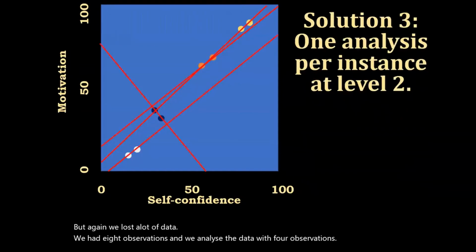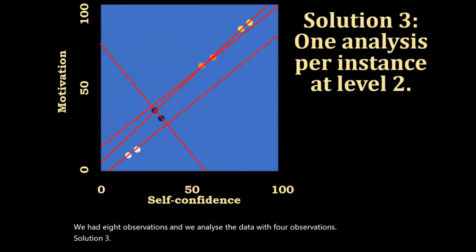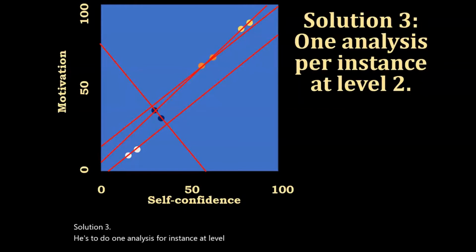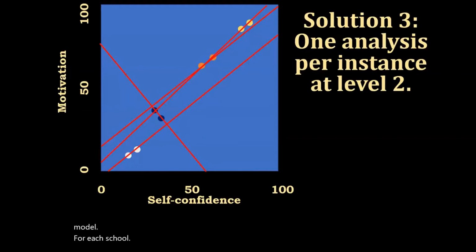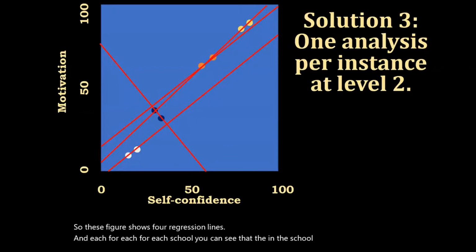Solution 3 is to do one analysis per instance at level 2. So basically we do a regression model, or linear model, for each school. This figure shows 4 regression lines, one for each school. You can see that in school C, the regression line is even negative.